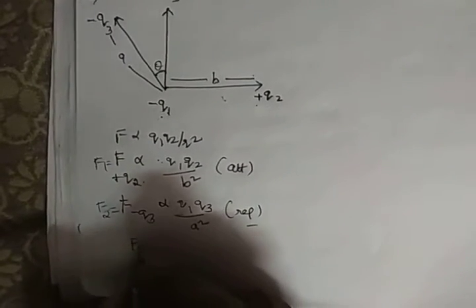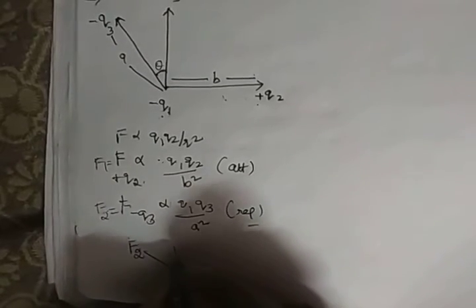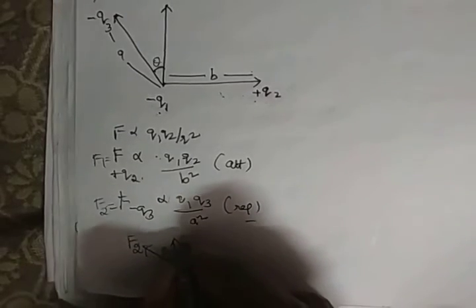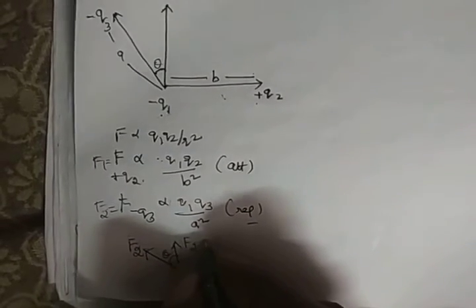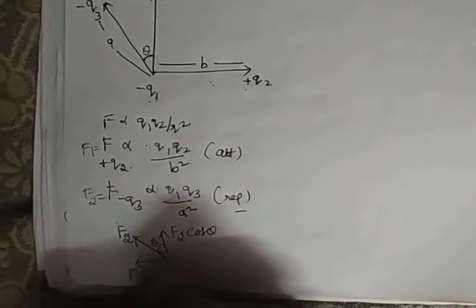Okay, now divide this F2 into components. So this is theta, this is F2 cos theta, this is F2 sin theta.